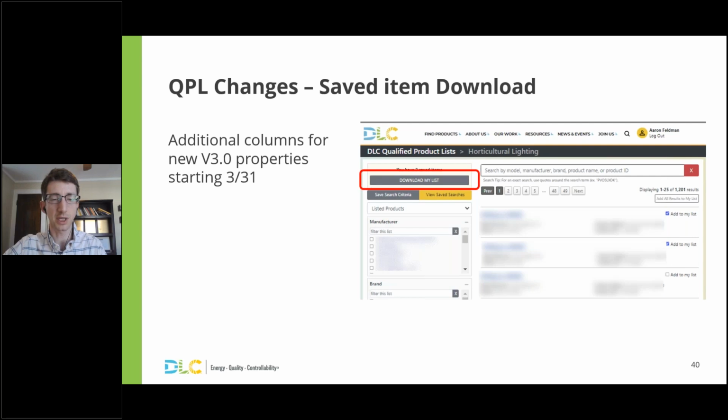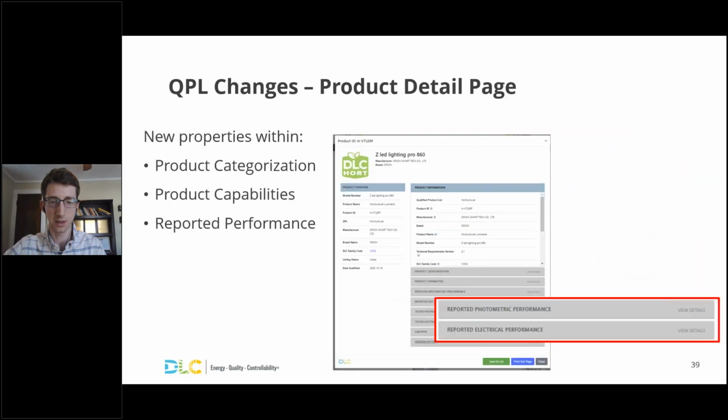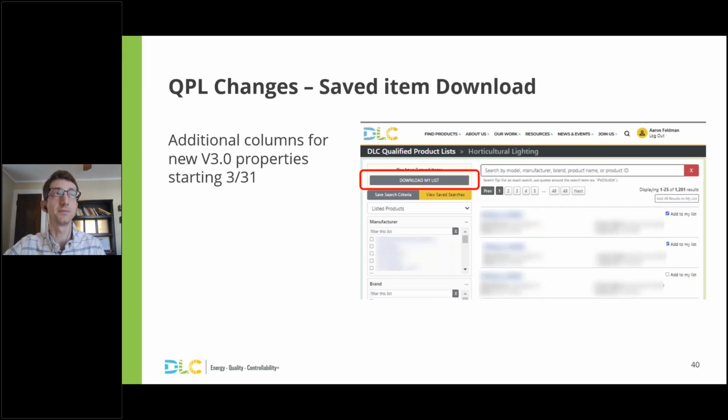Lastly, for the QPL changes, the saved item download: if you are on the QPL and you click this checkbox, add to my list. Also, if I flip back, you can see on the bottom the screenshot of the PDP was saved to my list, and there you can then download the product in an Excel format, and that would include all the product performance information.